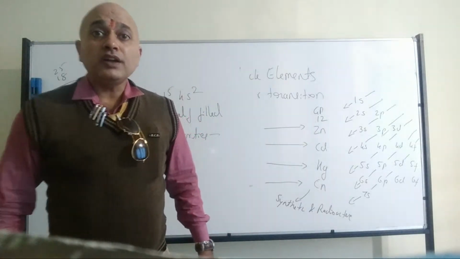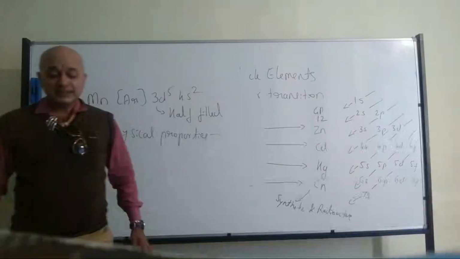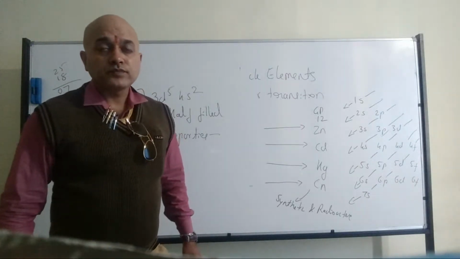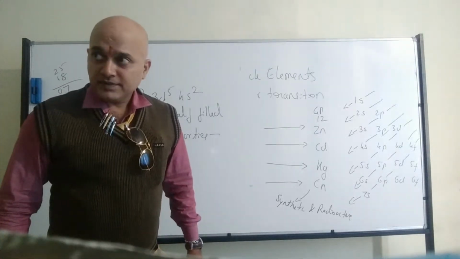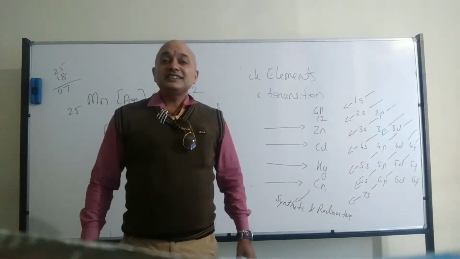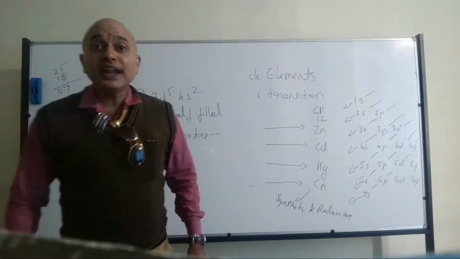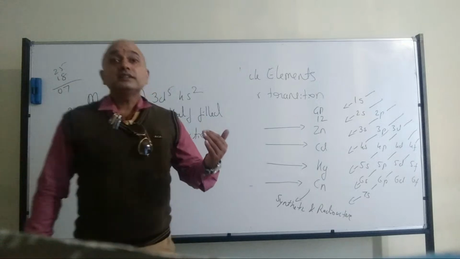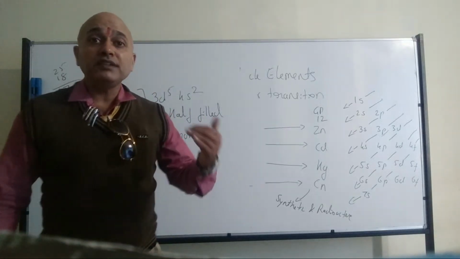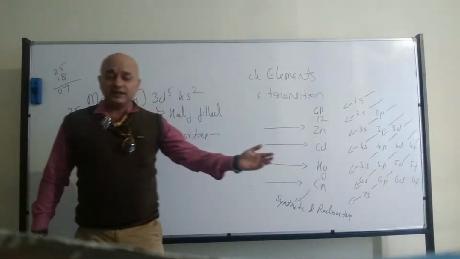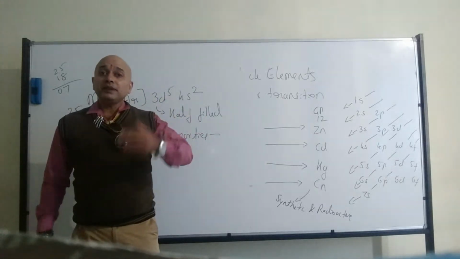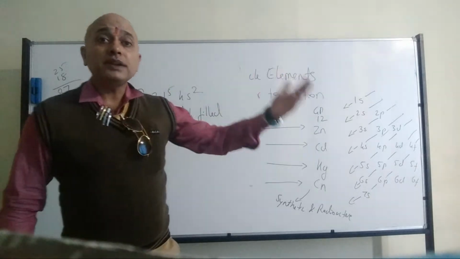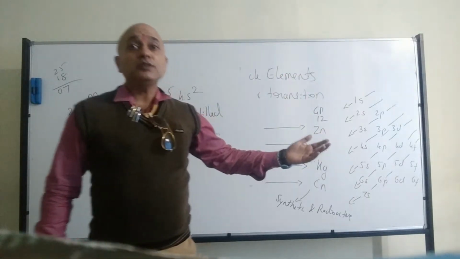Why should d block elements be called transition elements? That is because, if you recollect the periodic table, d block elements are located between the metals and the non-metals. In the periodic table, metals are s block elements, and non-metals come under p block elements only.